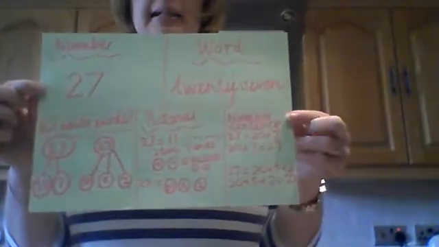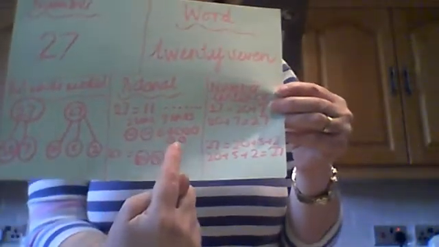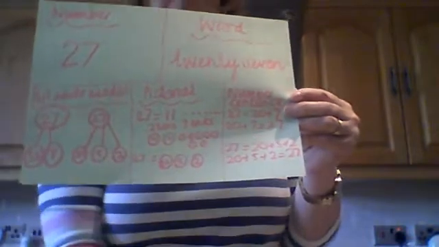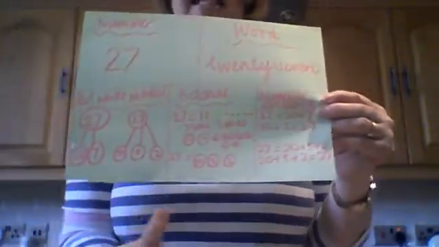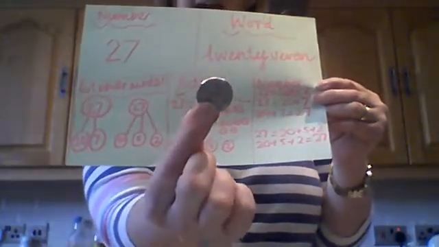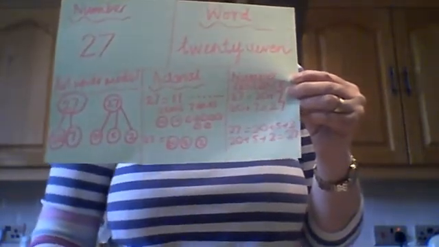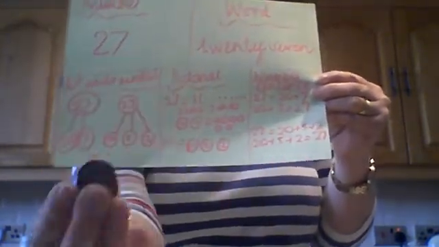Look at my other one that I've done that I'm going to challenge you with, look. This is a number, 27. I've done it as a word, 27. And these are part-whole models, pictorially, and number sentence, look. I know that 27 is 2 tens and 7 ones like I've got here.